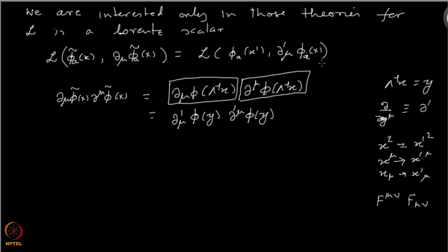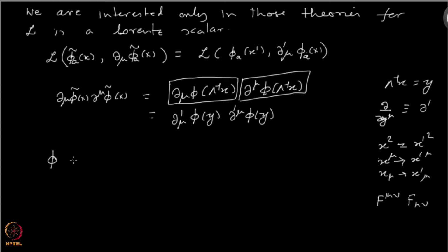Okay, good. Then something becomes very easy to understand now. Then this object L, the Lagrangian density, because it's a Lorentz scalar, is going to transform exactly in the manner in which phi, a scalar field, transforms. And how does a scalar field transform?